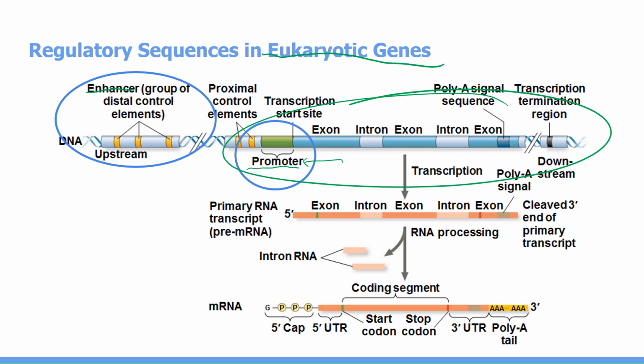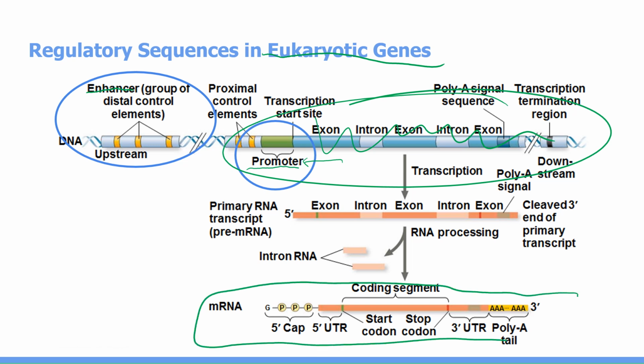So again, the proteins that bind to this help promote the transcription of this segment here. So once transcription occurs, y'all, we do see all of the things being done to make it modified.